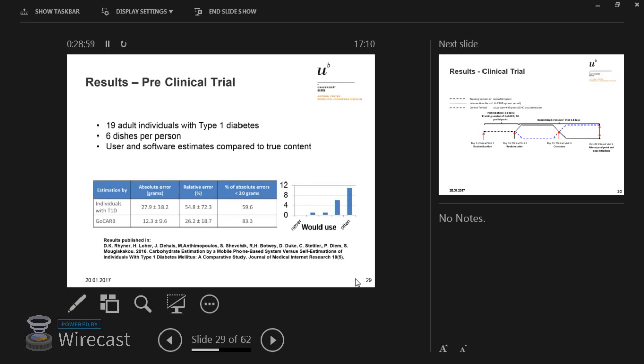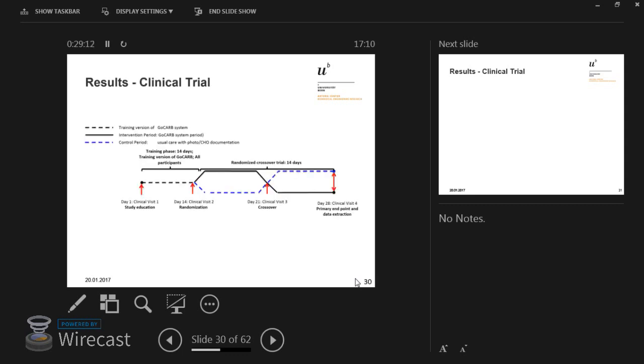So this was very nice for us because we could say we're doing better than them, so we should definitely go further. And because they themselves said they would use it, we had no reason not to go to a clinical trial. And this is how it was designed.